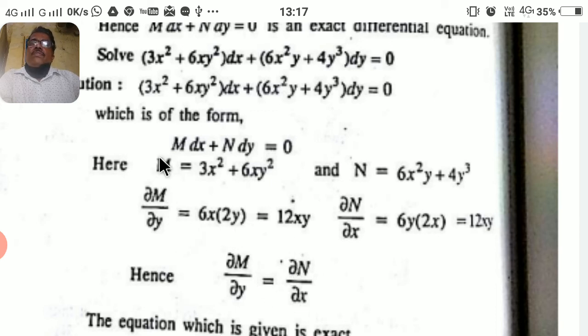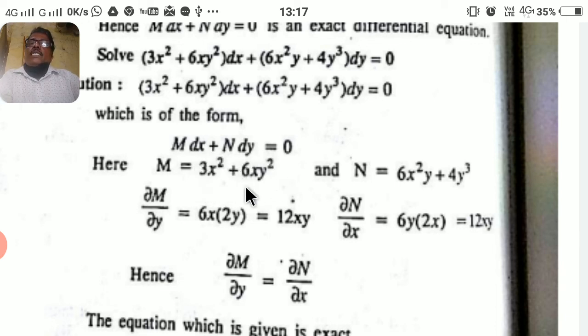So differentiate m with respect to y, keeping x as constant. The differentiation of 3x² becomes 0 because x is constant and 3 is constant, so that whole term is 0.